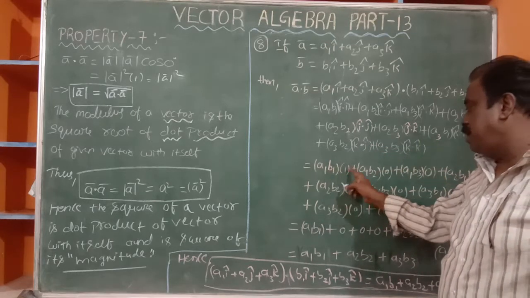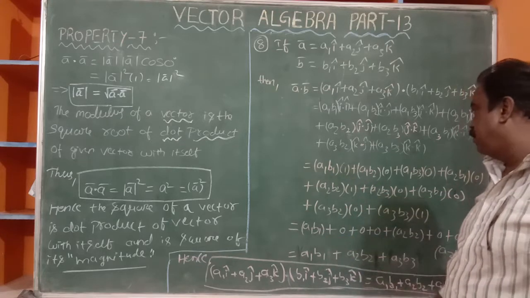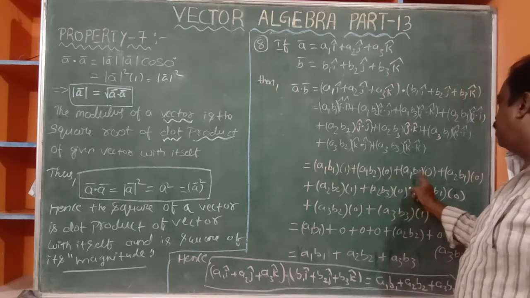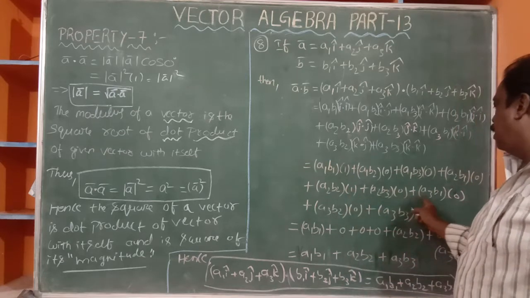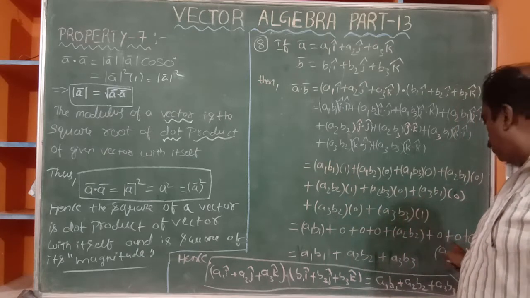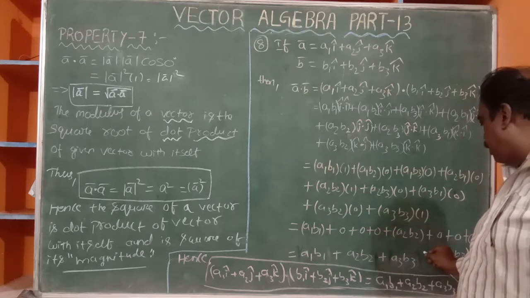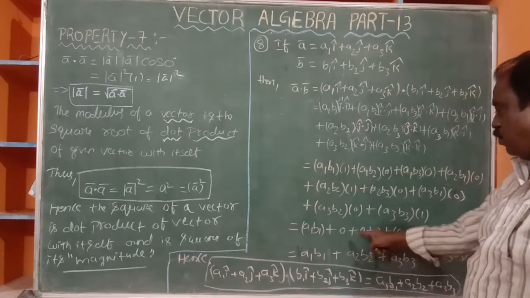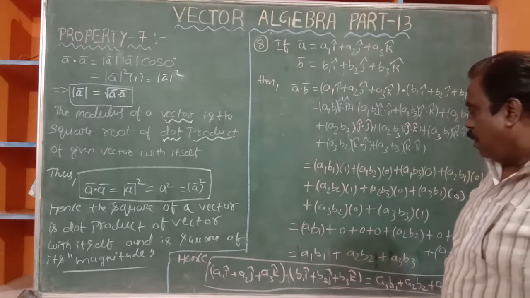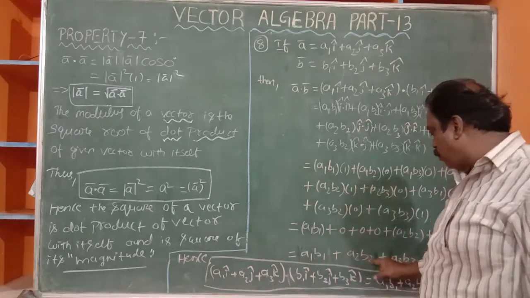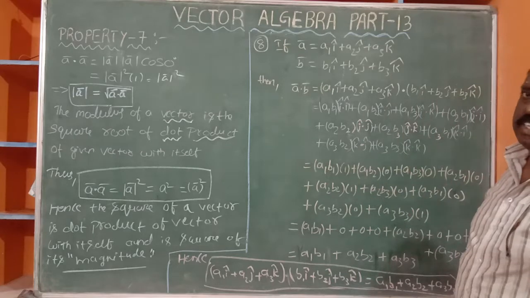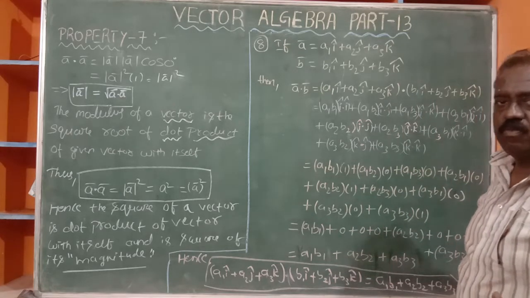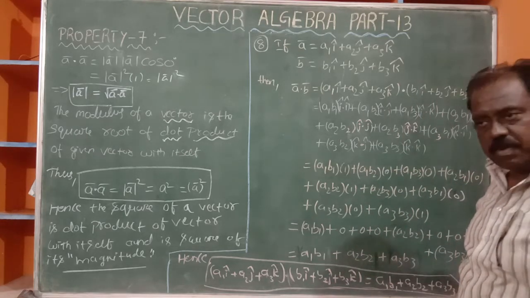So A1 B1 into 1 is A1 B1. The remaining are 0, and anything times 0 is 0. A2 B2 into 1 is A2 B2. And next zeros, A3 B3 into 1 is A3 B3. Now A1 B1 plus A2 B2 plus A3 B3. Very simple, the dot product of component vectors when the vector is expressed in components.